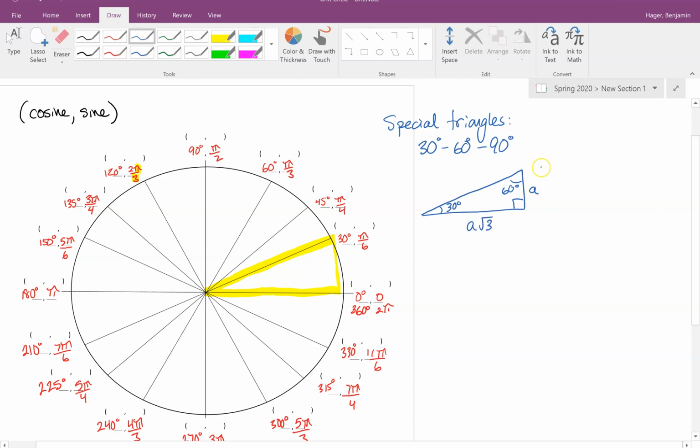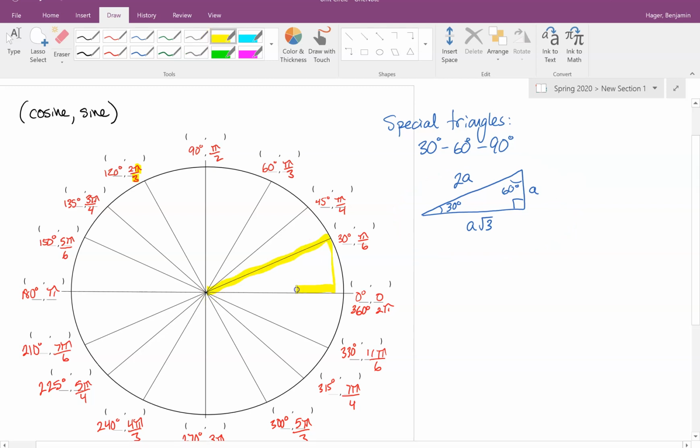So if this A right here is really a 5, then this is guaranteed to be 5 radical 3. That will always happen in a 30, 60, 90 triangle. The hypotenuse is guaranteed to be twice A. That's why we are interested in memorizing this angle and not, say, 20 degrees. You don't see 20 degrees on your unit circle and memorize the cosine and sine, because a 20, 70, 90 triangle would not have a nice unique relationship like this.